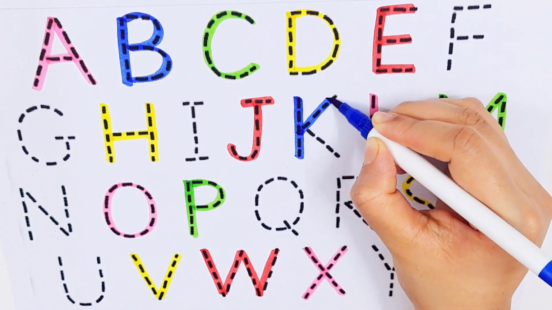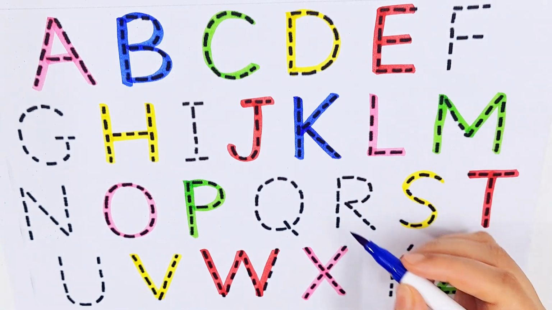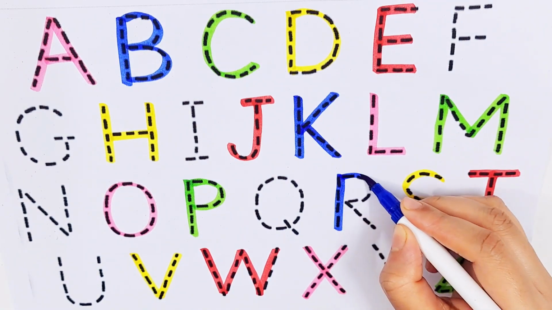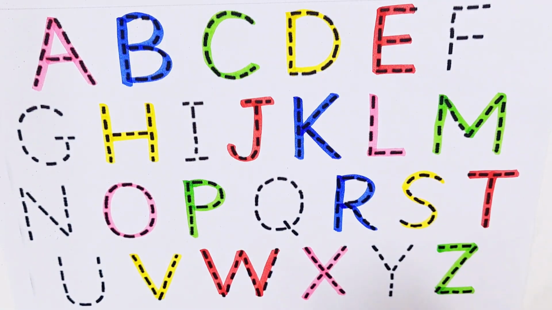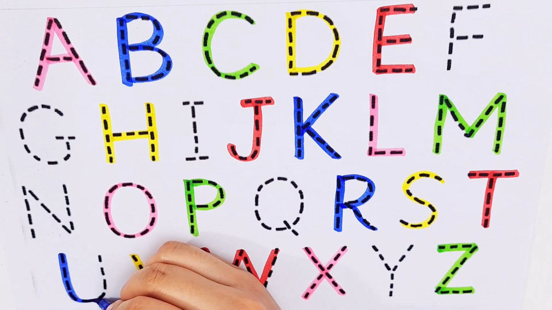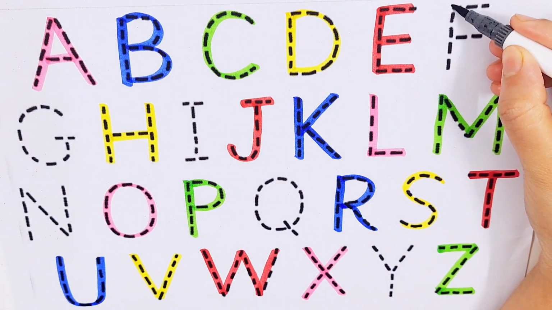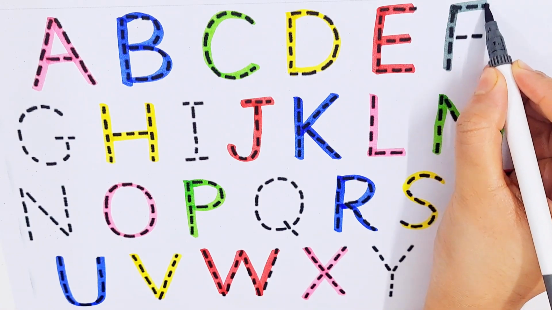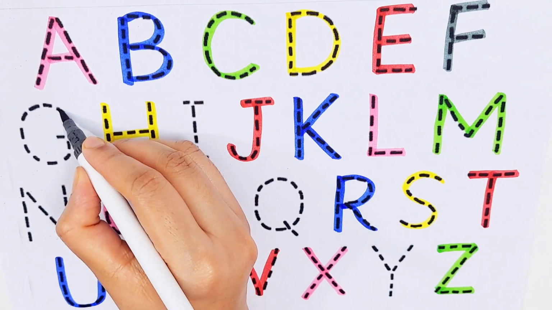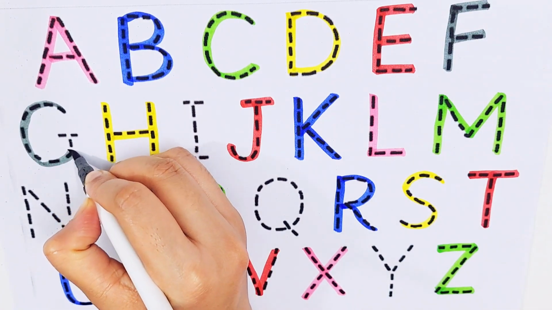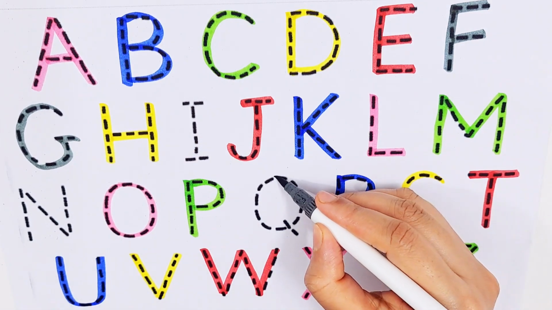K for kids. R for rain. U for unicorn. F for fruits. G for glass.